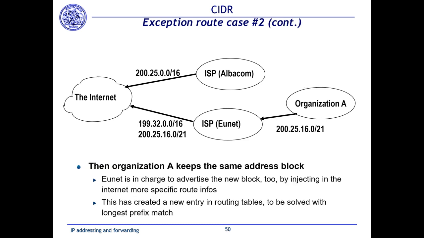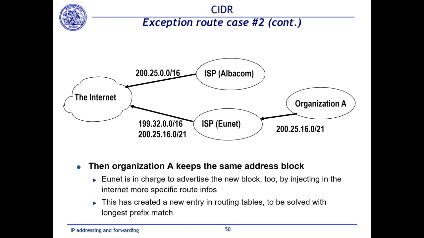So the organization maintains the block that was originally provided by the first provider, and in the routers of the internet, you will create an exception routing so that when a packet is sent to that specific final network ID, 200.25.16.0/21, it is sent to this second internet service provider.